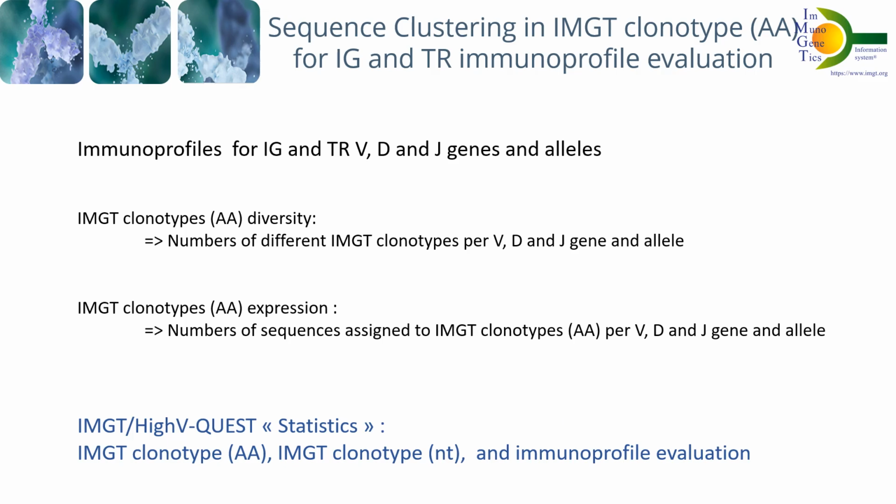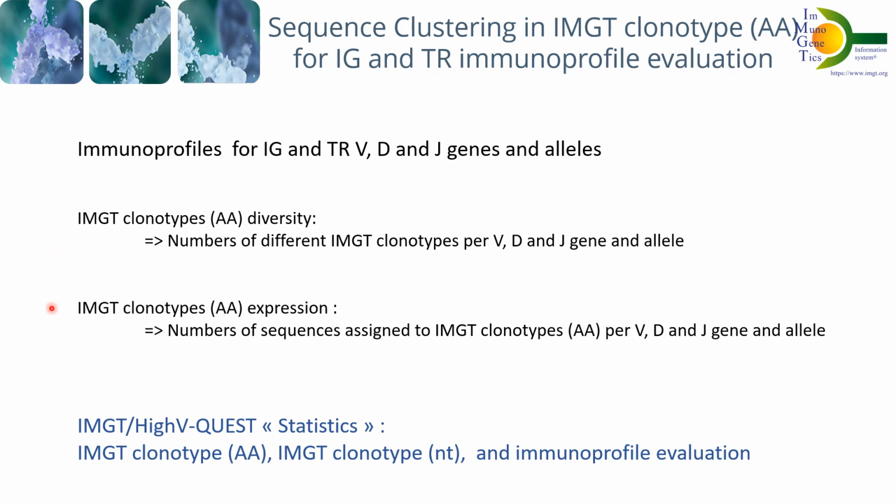Therefore, based on these definitions, we can now also define immunoprofiles for the V, D, and J genes and alleles identified by the analysis of the sequence sets. First, regarding the diversity of the IMGT clonotypes, immunoprofiles will be built by the evaluation of the number of different clonotypes for each V, D, and J gene and allele.